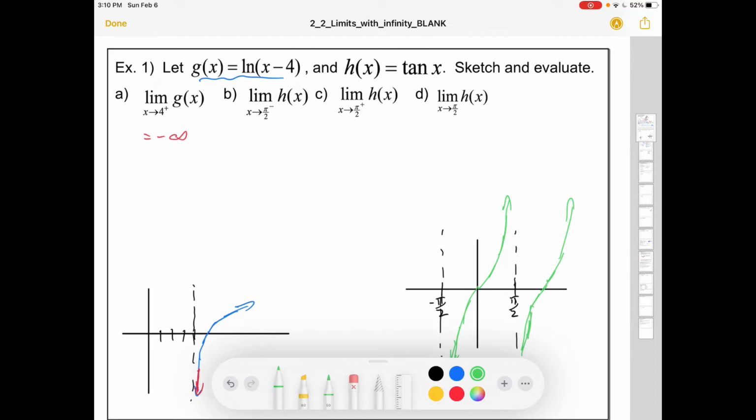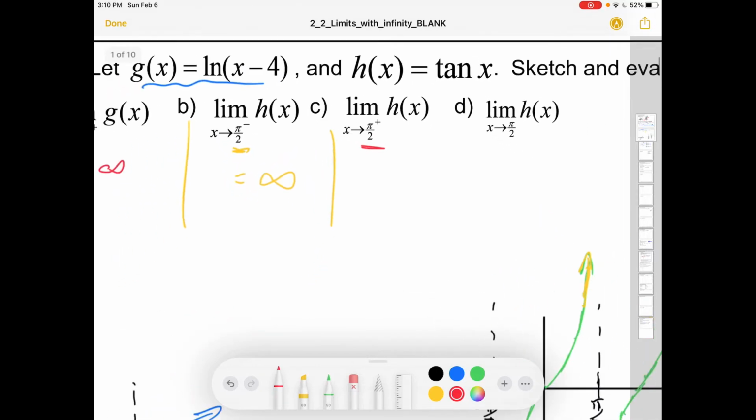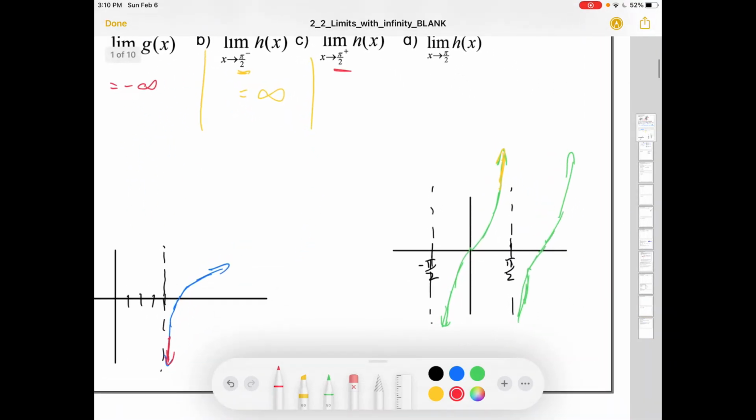So as we approach pi over 2 from the left, we're going up towards positive infinity. As we approach it from the right, that's what this x pi over 2 with the plus on it means. Yeah, it goes down to negative infinity.